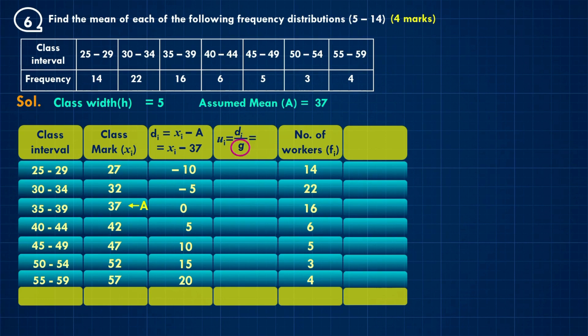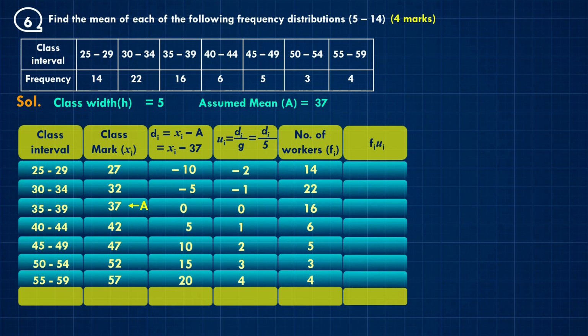Now ui will be di by g. G is the GCD, the greatest common divisor of all the dis. We have to consider the positive one. Out of this, we can see that 5 is the common divisor. So now if we divide, we will get the ui value.